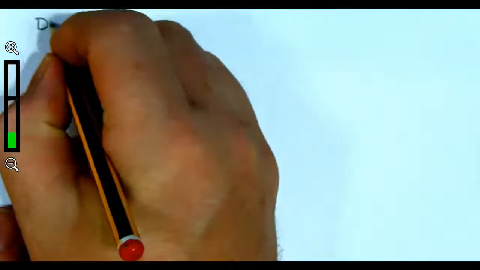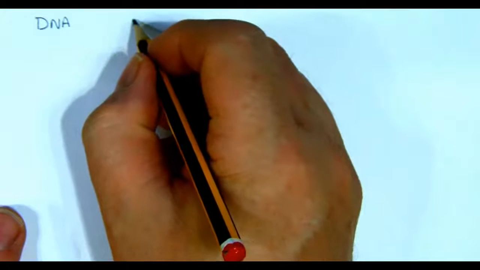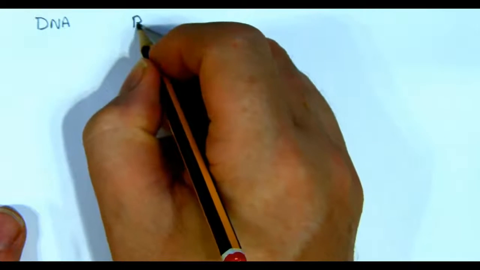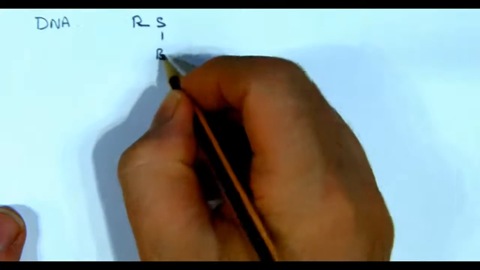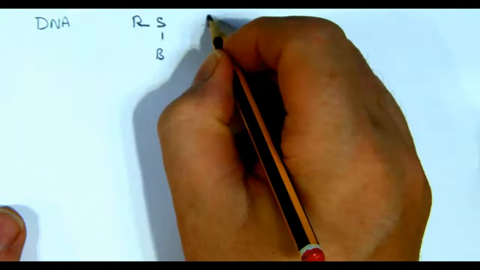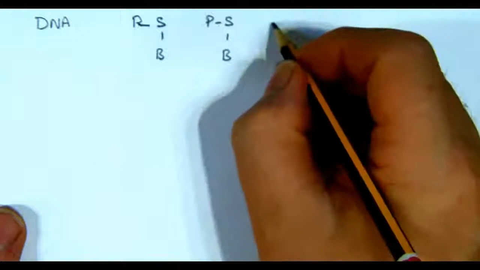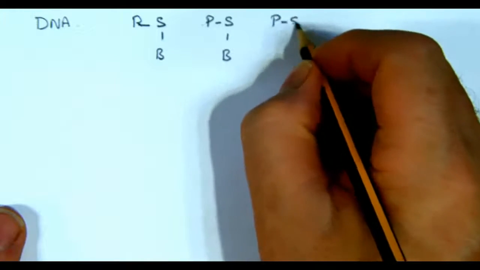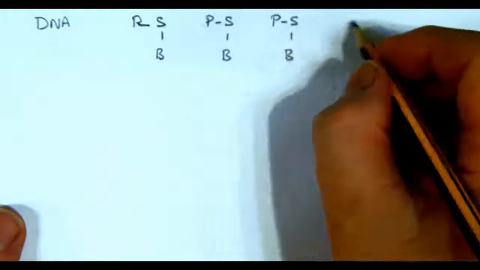When we're doing DNA synthesis, we've got lots of phosphate joined to a sugar, joined to a base. We've got lots of these little things available.